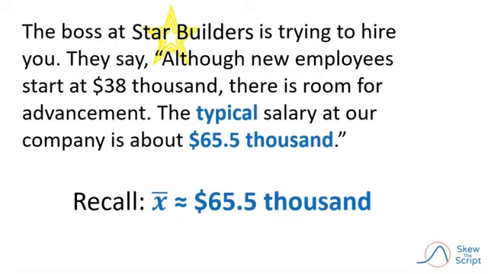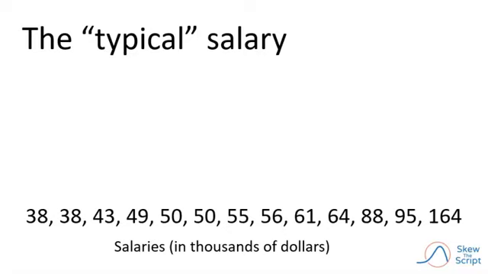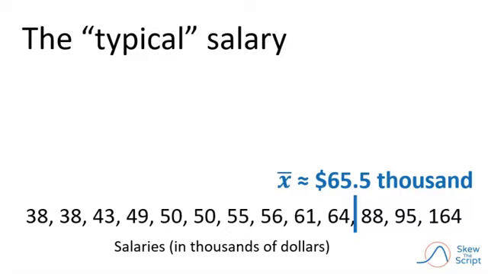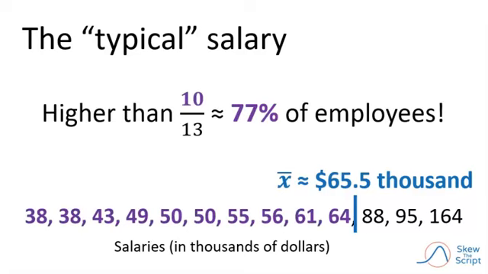Recall that that is an okay statement. The mean was $65.5 thousand. But maybe it is not typical. Let's figure that out. Is it really typical? So let's look at that in this interval of data. 65.5 falls right here in the distribution.